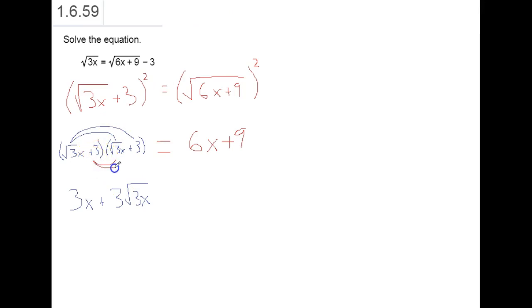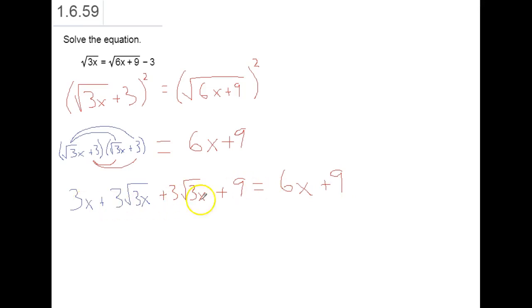Multiply it by everything in the second part. So 3 times the square root of 3x is 3 times the square root of 3x. And then 3 times 3, or 3 squared, would be 9. So that's the expansion of the left side when you square both sides, and our right side is just 6x plus 9.